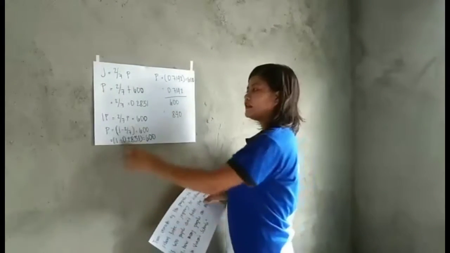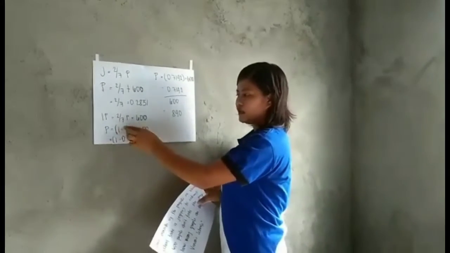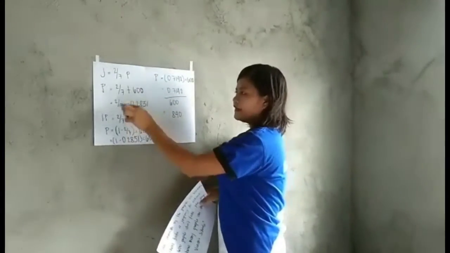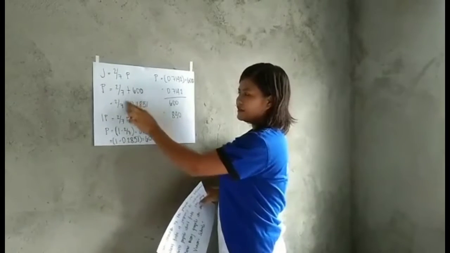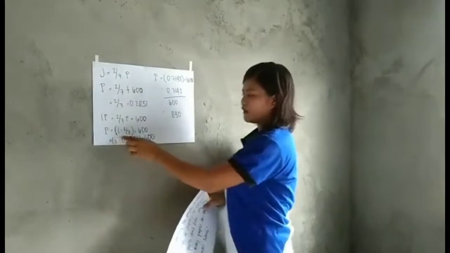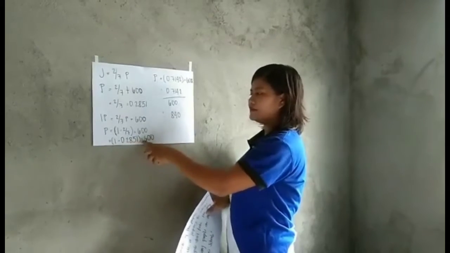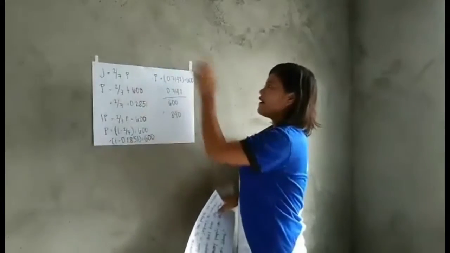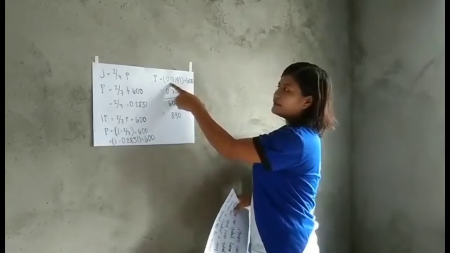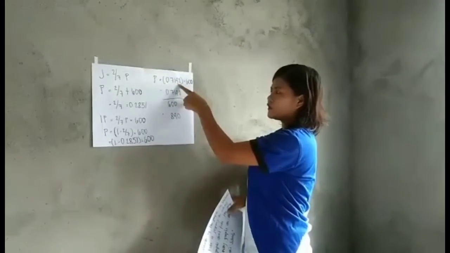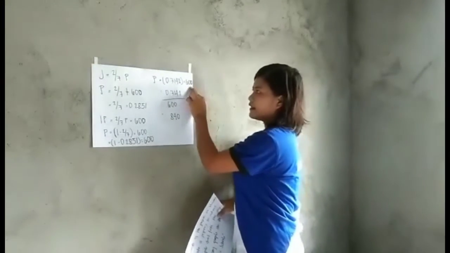Hindi naman natin pwedeng i-minus ito si 1 sa 2/7. So, kokopyahin natin ito, itong ginawa natin na decimal point para ma-minus sa 1. 1 minus 0.2851 is equal to 600. So, ang sagot is 0.7142 is equal to 600.